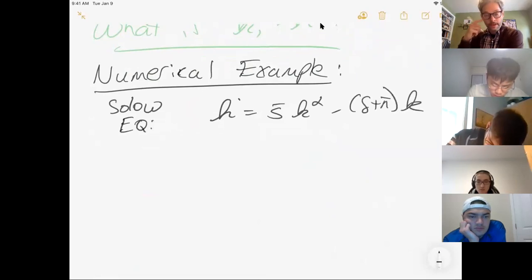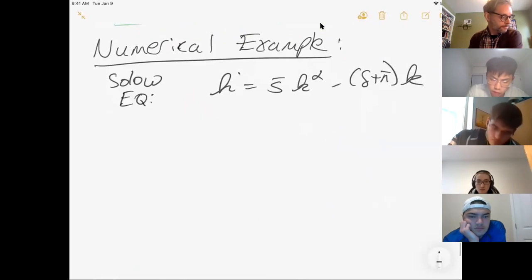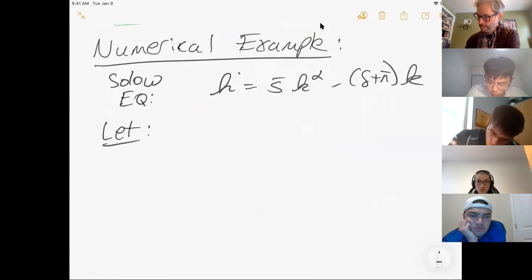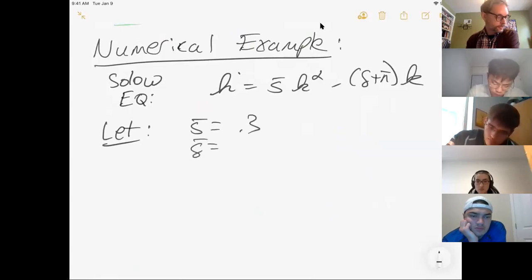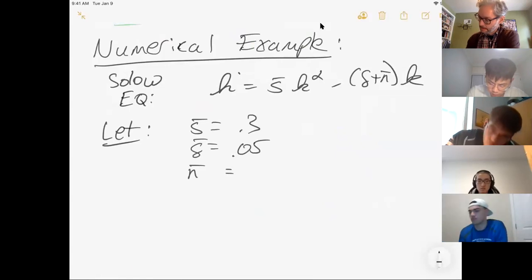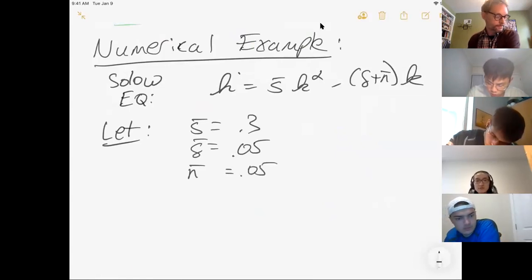Okay. Now let me give you some specific numbers. Let's say that S bar is 0.3. And let's use delta bar as 0.05. Let's use N bar as 0.05.